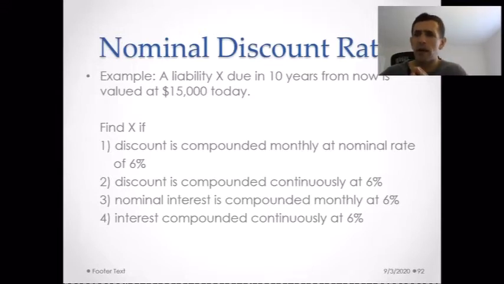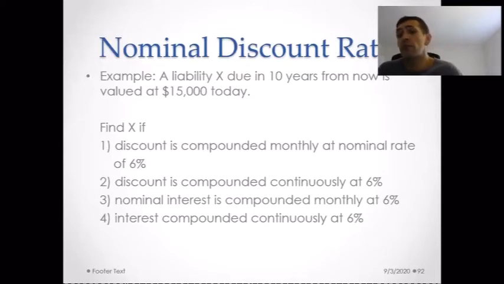Nominal interest is compounded monthly at 6%. Interest is compounded continuously at 6%. It's fairly straightforward, plug and chug. But this does illustrate an important point: no matter how interest or discount is compounded, we get roughly the same answer. It's not exactly the same answer, but roughly the same.